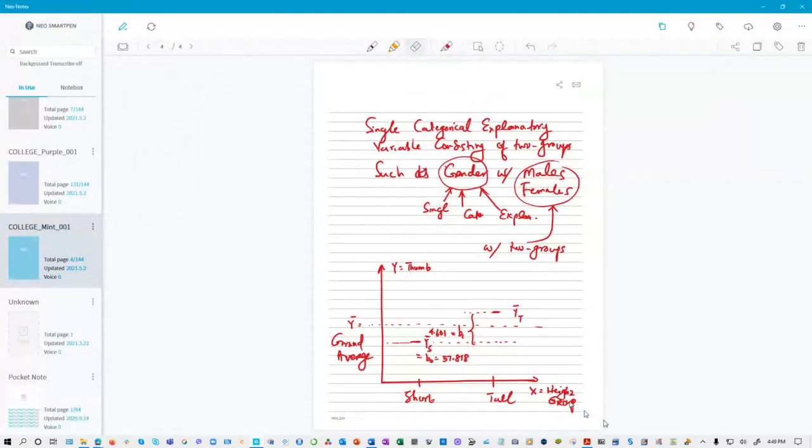Not the height, height to group has now been categorized. This is factors, grouped into factors.